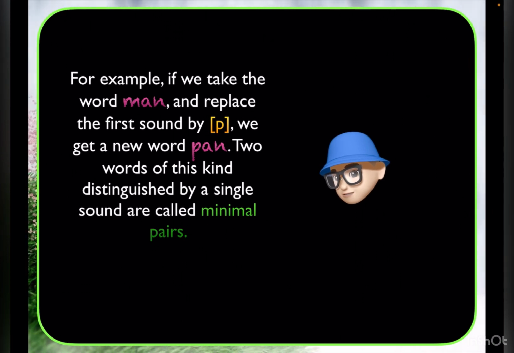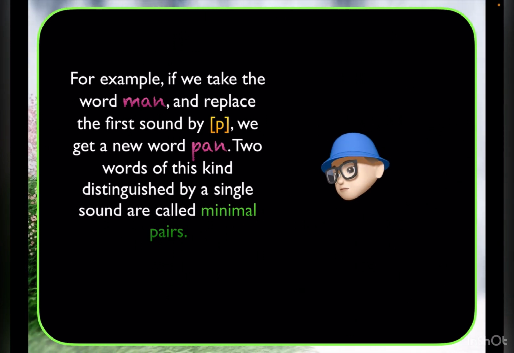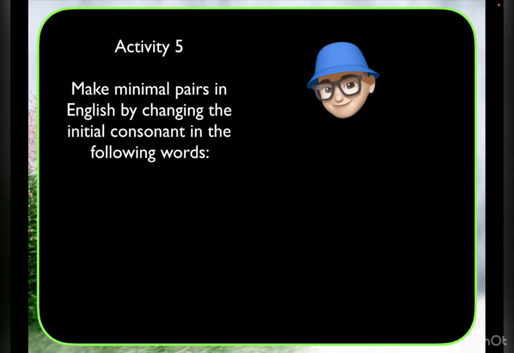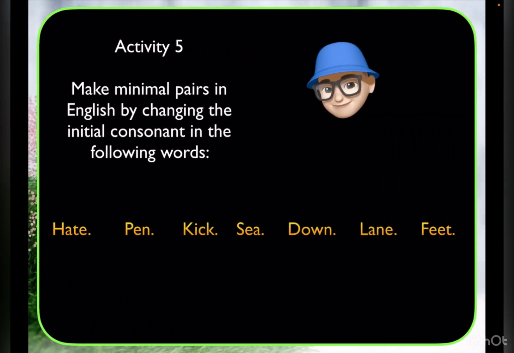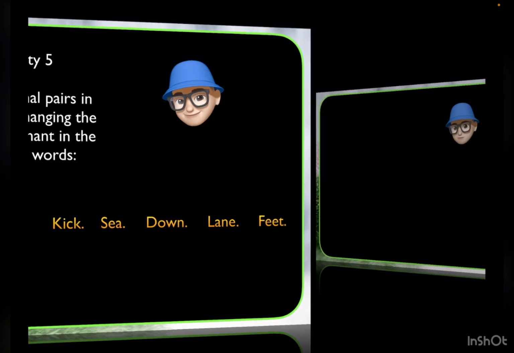Two words of this kind distinguished by a single sound are called minimal pairs. Activity 5. Make minimal pairs in English by changing the initial consonant in the following words: hate, pen, kick, see, down, lane, feed.